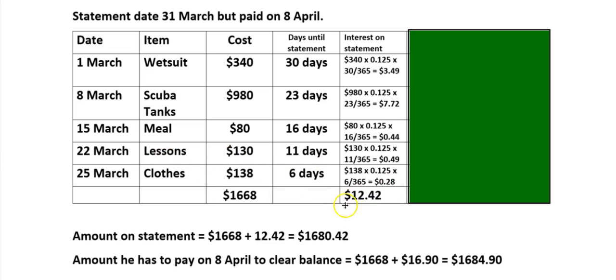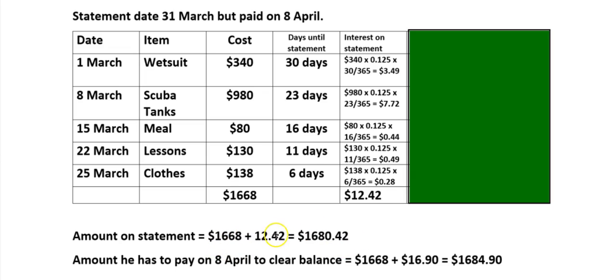So we can see that all of those purchases which earned interest right from the day that they were purchased in total amounted to an amount of $12.42, and all the purchases added together were $1,668. So the bank, when making a statement on the 31st of March, would say, well, you owe us this amount of money for the things that you bought, and this amount of money for the interest that each of those items earned.